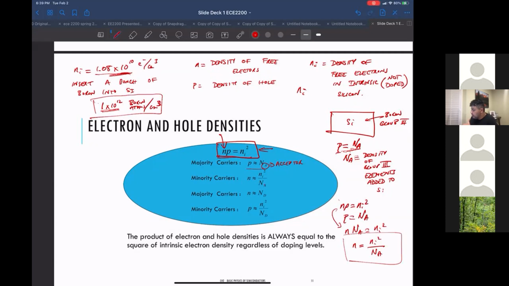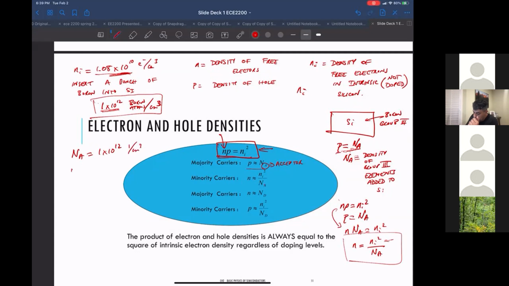So let's throw in some numbers. In this case, we said n sub A is 1 times 10 to the 12th per centimeter cubed.